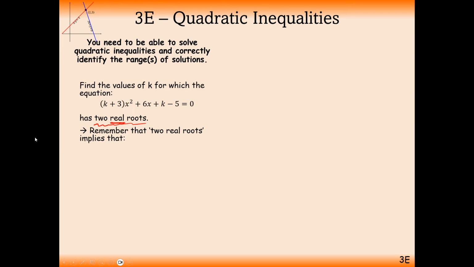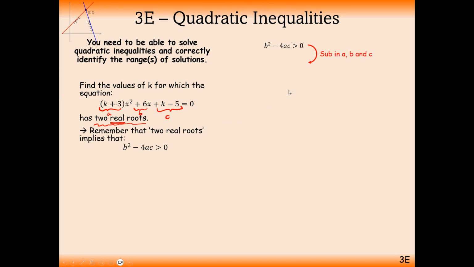So we have two real roots. What does that imply? It implies that b squared minus 4ac must be positive. So we take the a value here: a is k plus 3, b is 6, and c is k minus 5.